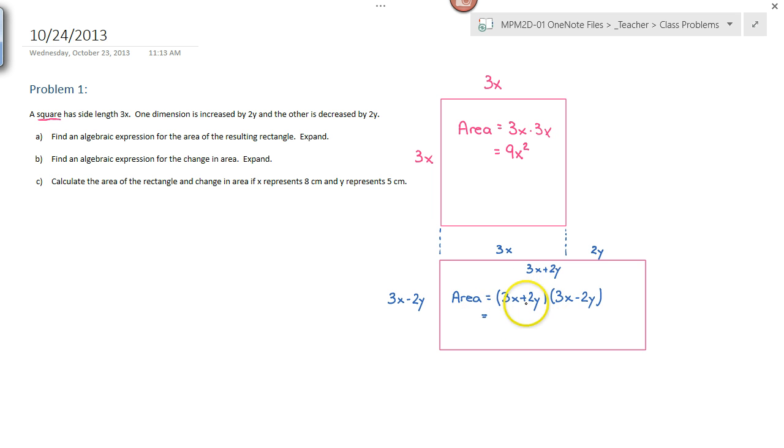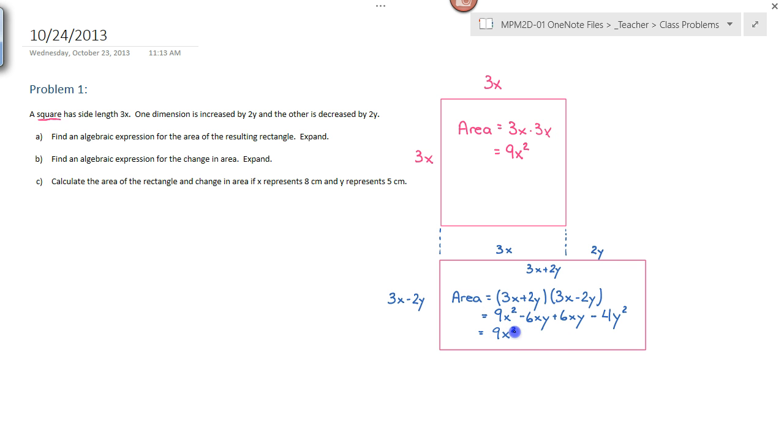And of course we can expand that, so 3x times 3x will give me 9x squared. 3x times minus 2y is going to give me minus 6xy. 2y times 3x is going to give me plus 6xy. Plus 2y times minus 2y is going to give me minus 4y squared. And of course we see there's a nice cancellation in there.